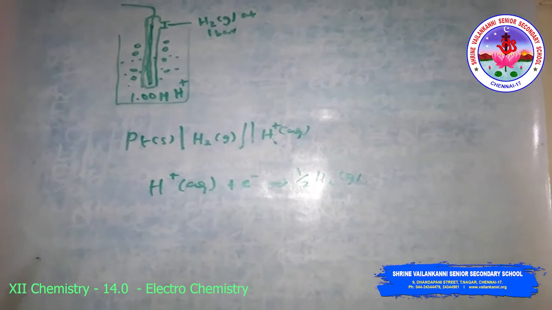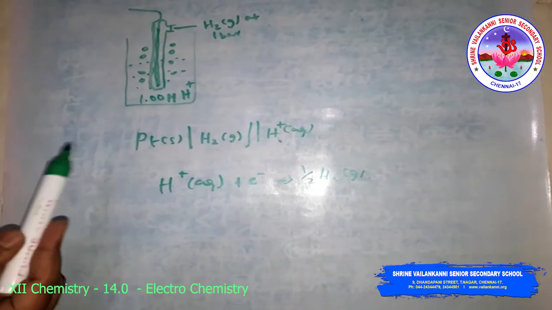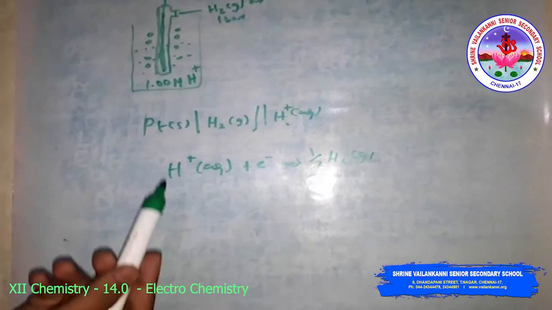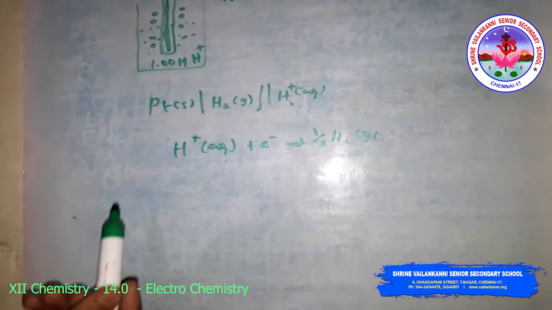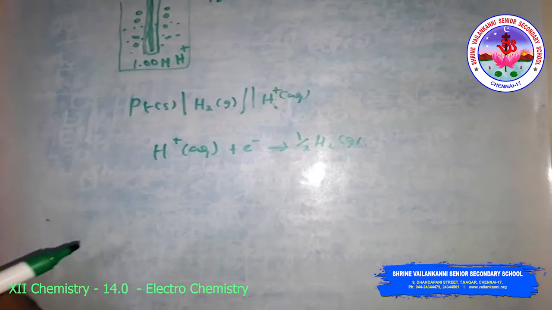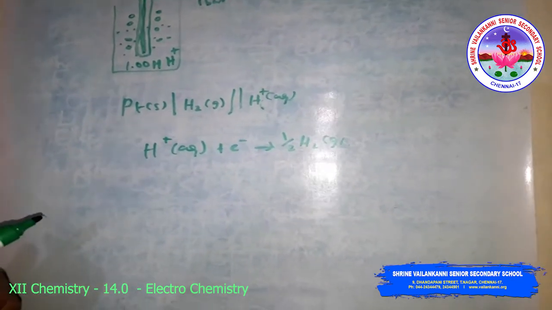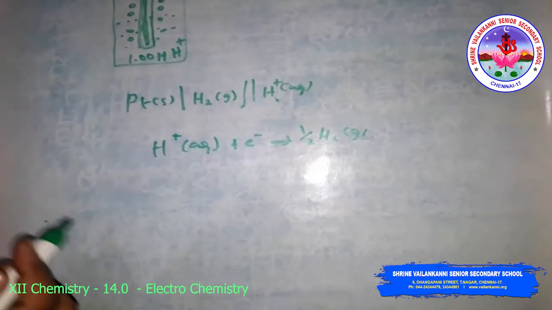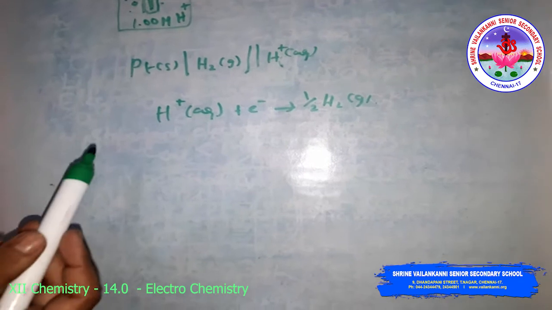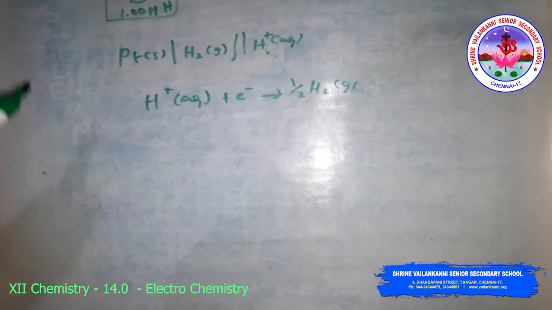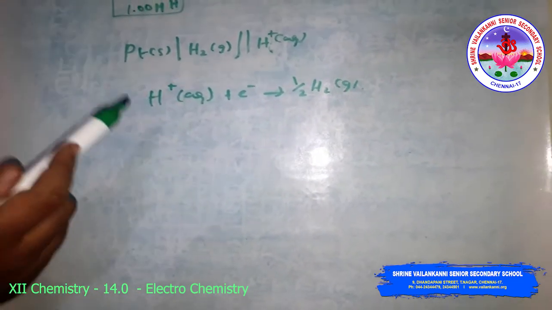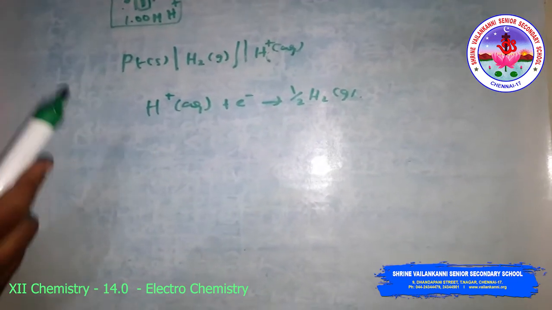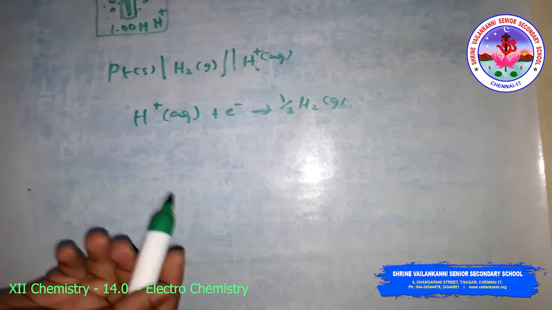At 298 Kelvin, the EMF of the cell is measured by constructing it with the standard hydrogen electrode as the anode, that is the reference half cell, and the other half cell as the cathode, which gives the reduction potential of that half cell. If the concentrations of the oxidized and reduced forms of the species in the right hand half cell are unity, then the cell potential is equal to the standard potential.